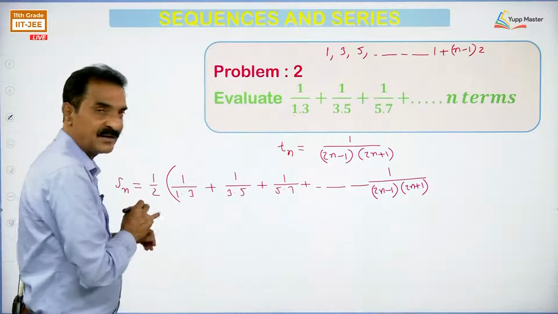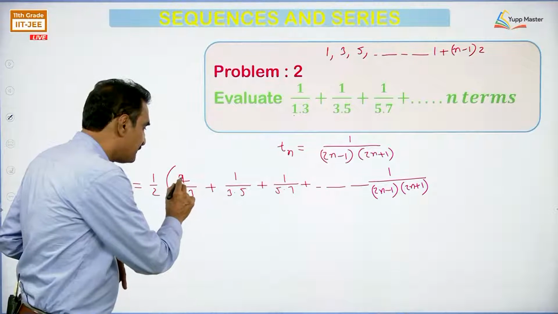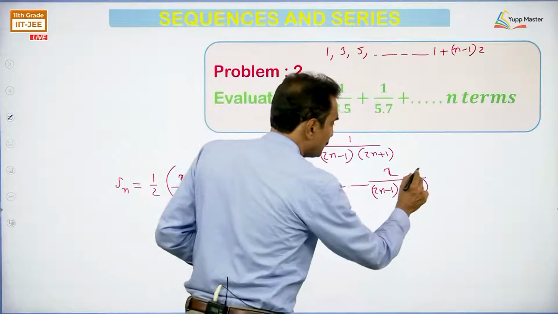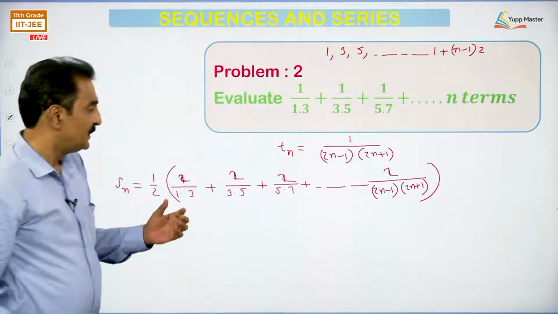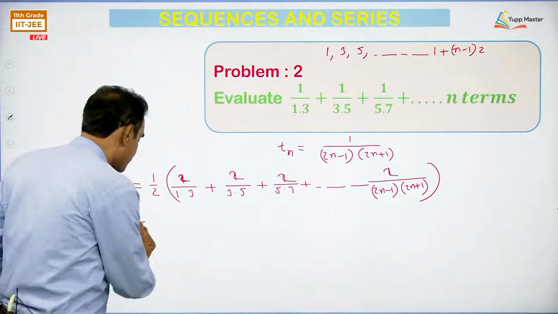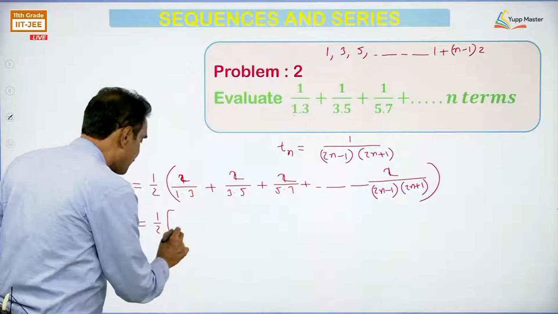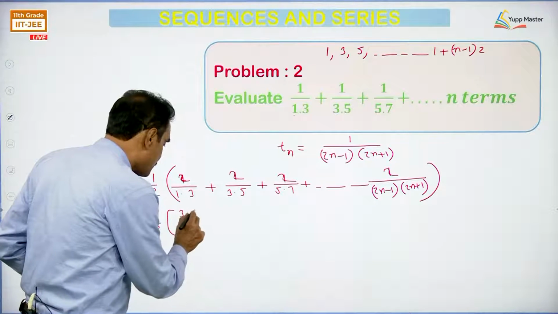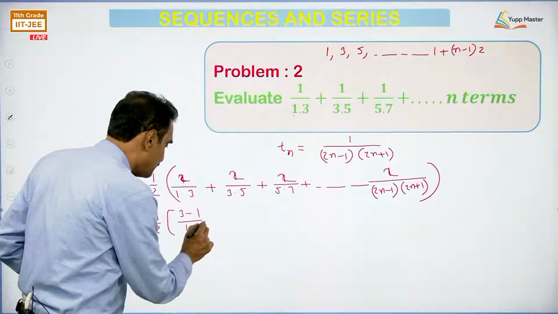Divide by 2 outside, multiply by 2. Okay. Now, you write this 2 as the difference of factors of the denominator, half into, this 2 is 3 minus 1 by 1 into 3.